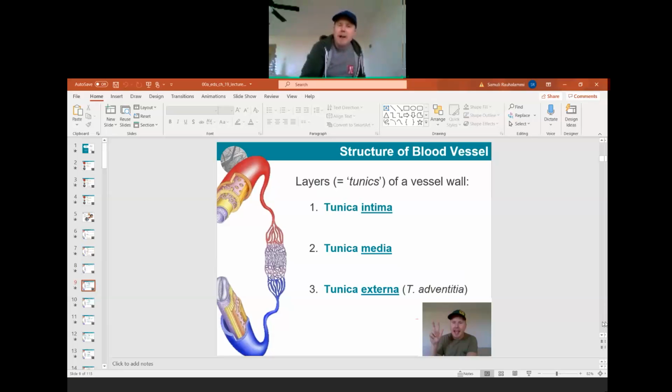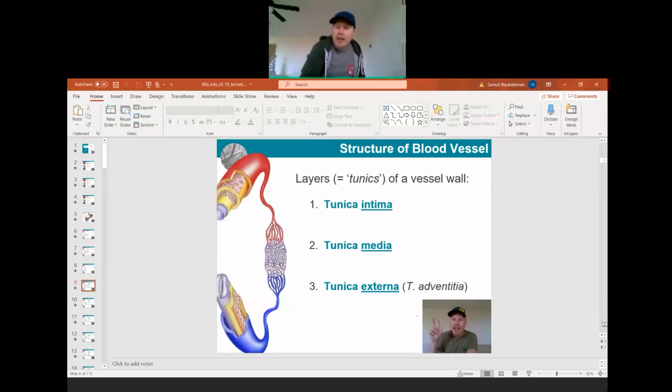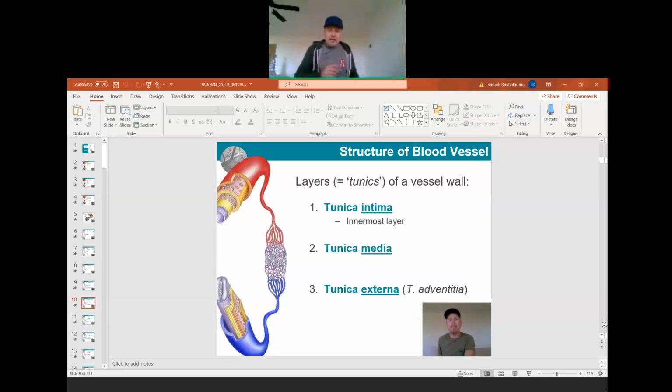Let's start by looking at the innermost vessel wall. What do we need to know about the tunica intima? The easiest way to remember it, as I tell my students, is to consider that it is in the most intimate contact with the blood that's passing inside that blood vessel. That's why it's intima.